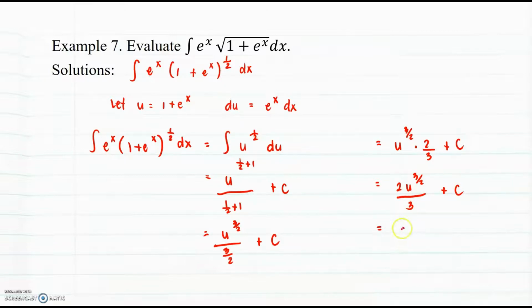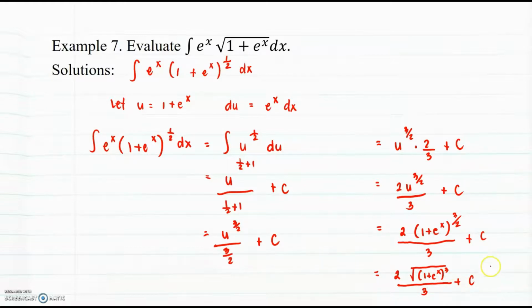So you have 2 times the quantity 1 plus e raised to x, raised to 3/2, all over 3 plus c. Express the answer in radical form: 2 times the square root of 1 plus e raised to x, cubed, over 3 plus c. And this is already our final answer.